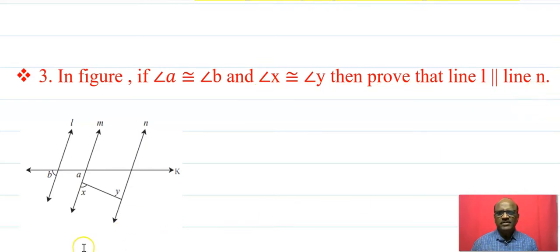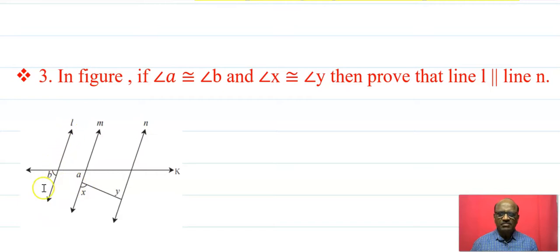Now see this figure. In this figure, this line K is a transversal for the lines L, M, N. First, angle B and angle A, these are the corresponding angles and they are congruent.